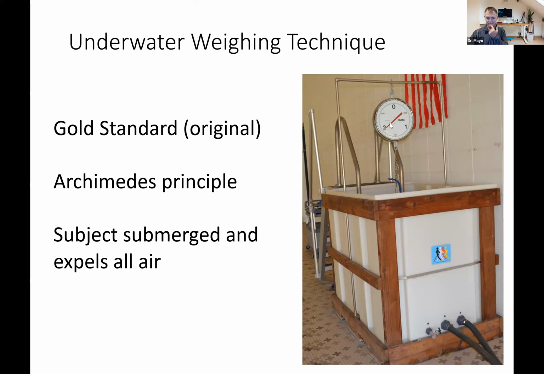It is not easy. Plus, your subject has to go underwater, blow all their air out, and hold it, because you're waiting for this scale to stabilize for just an instant. It's very sensitive with the water and the chain and the chair, and it's moving around. It'll stop for just a brief instant, and then you write that number down, in kilograms.